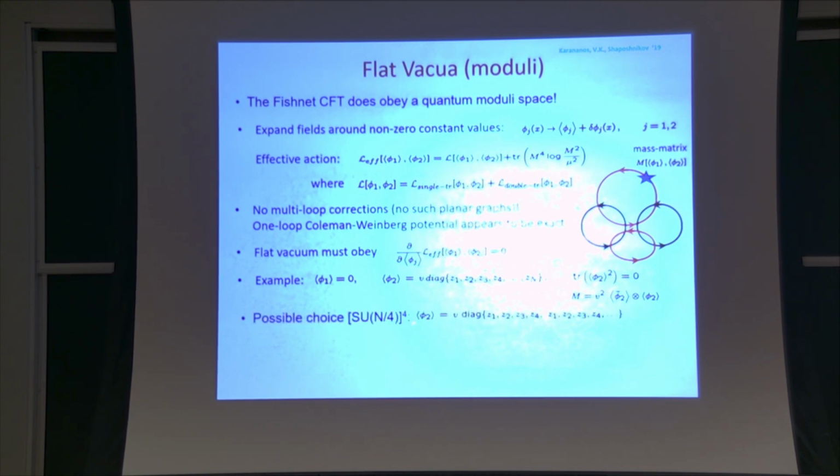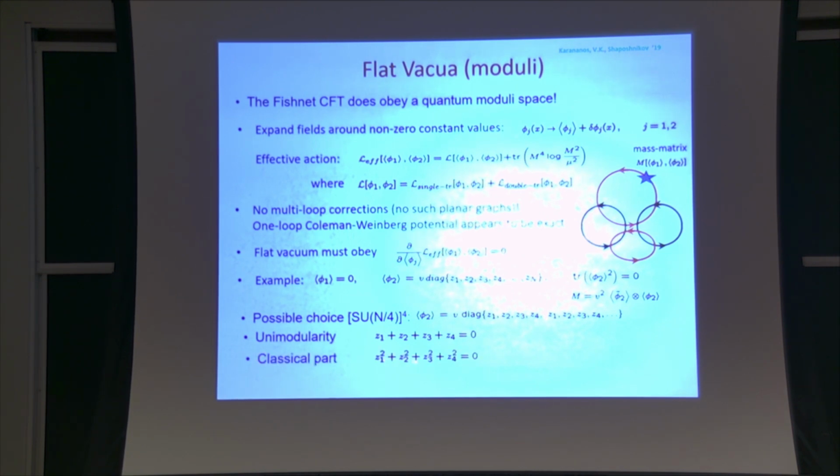Okay, a possible choice, for example, is to take an SU(N) over 4 to the power 4 pattern, where you have these quartets of 4 numbers repeating on the diagonal n over 4 times. Unimodularity imposes 0 for their sum.